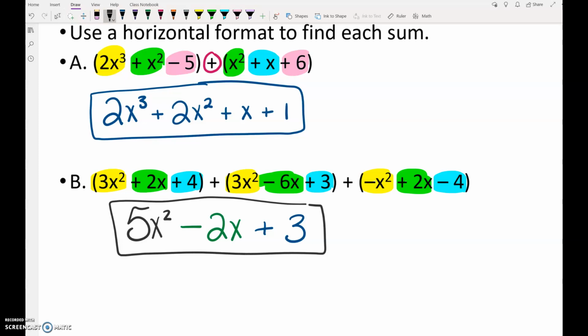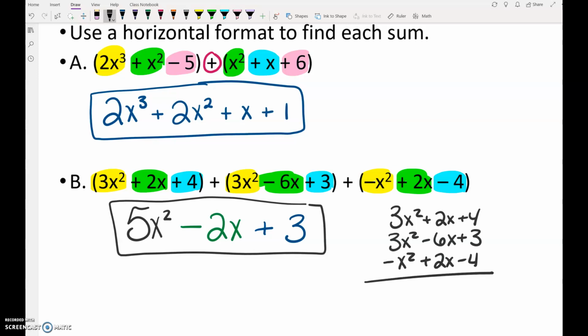Now, if you wanted to, you could have written the first polynomial and then underneath it written the next polynomial and then the next one so that it's all lined up. This would be considered vertical format. Then you can vertically add your x squareds together to get your 5x squared.